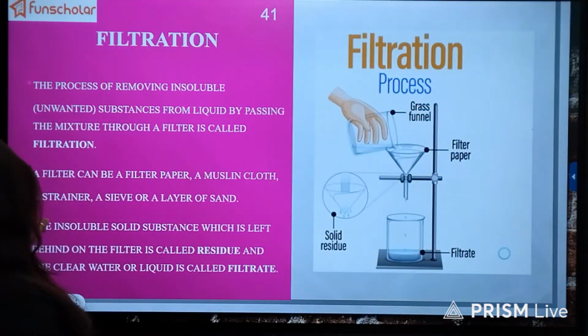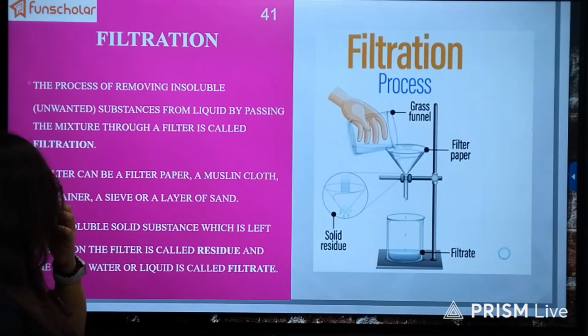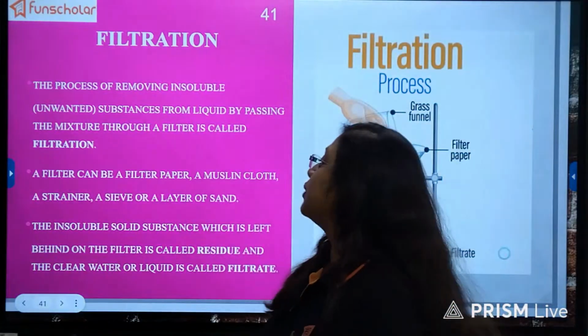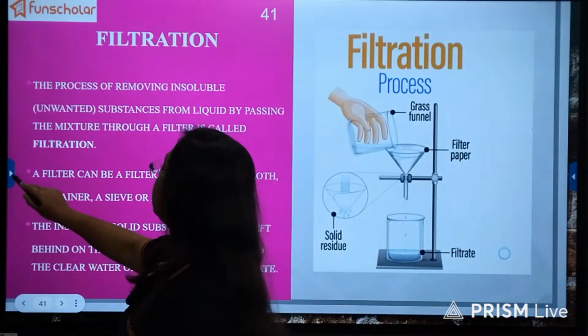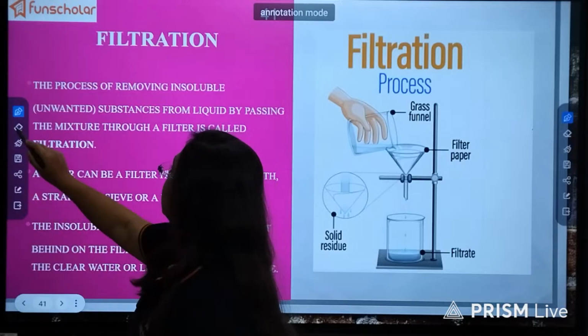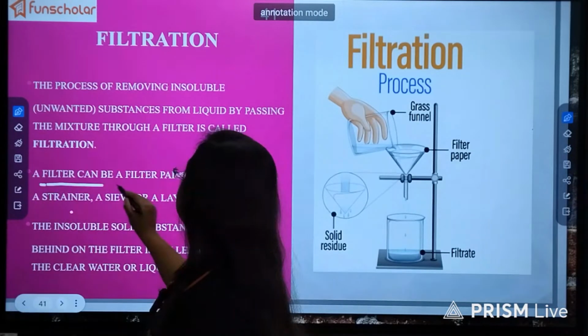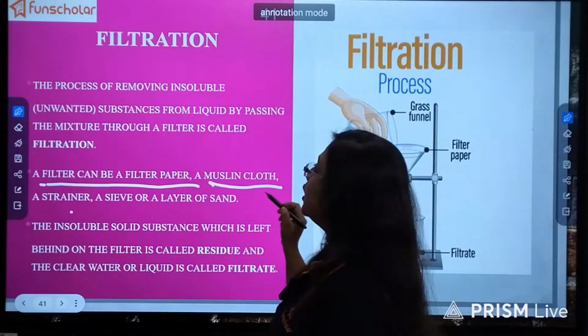A filter can be filter paper, a muslin cloth, or a strainer, or a sieve, or a layer of sand. Here are some examples of what kind of filter we can use. As a filter we can take filter paper or a muslin cloth.